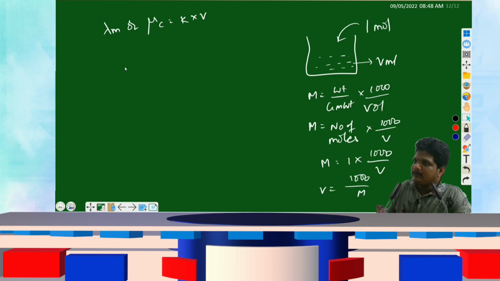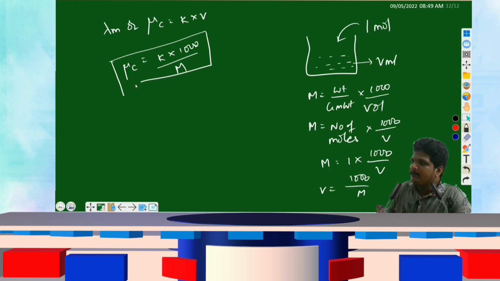So mu c is equal to kappa into 1000 by m. This is the relationship between the concentration of the electrolyte solution and molar conductance, where m is the molarity of the electrolyte solution. So this is about the equivalence conductance and molar conductance. I hope it is clear about conductance, specific conductance and molar conductance.